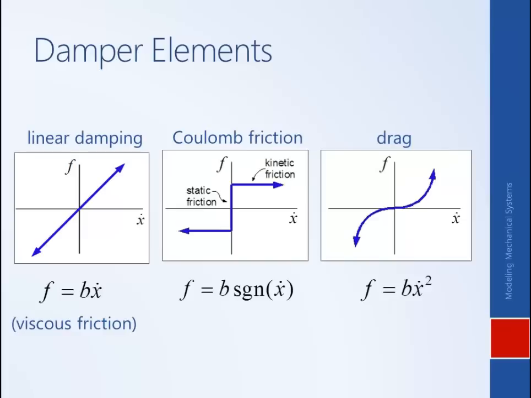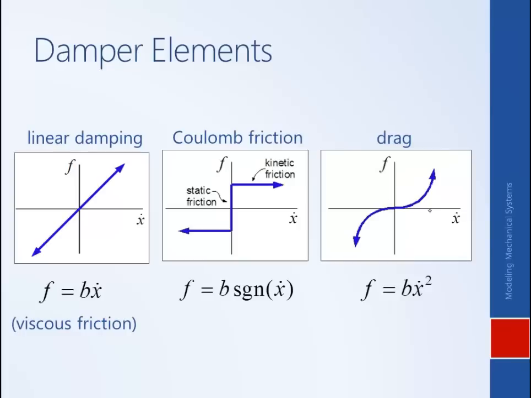But as you increase the applied force, eventually it breaks free. And then at that point, the force is constant. And the direction of the force changes depending on the direction that the object is going. And so this is a nonlinear model of friction because of the jump.